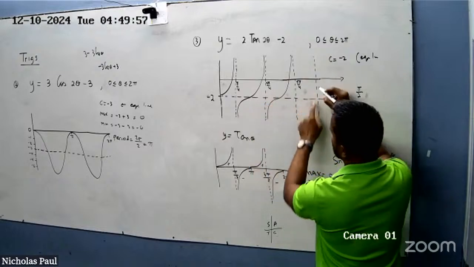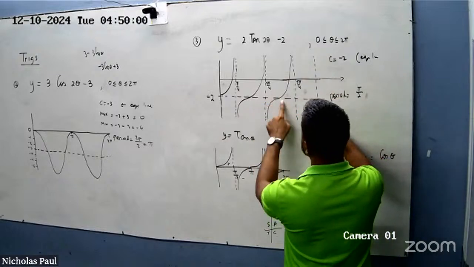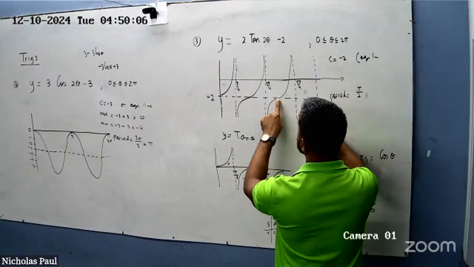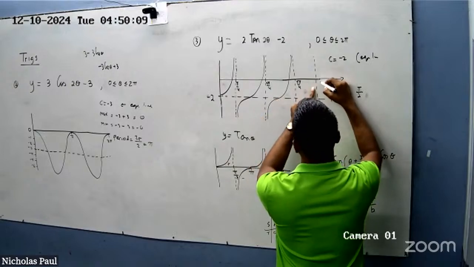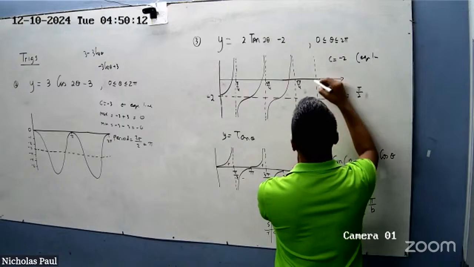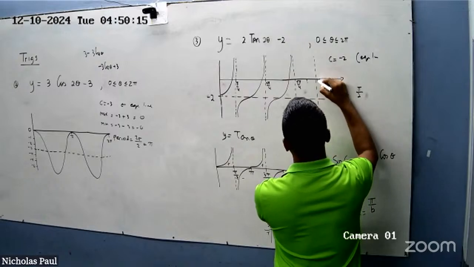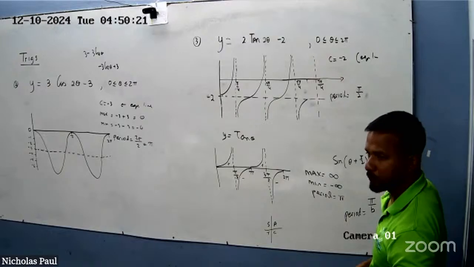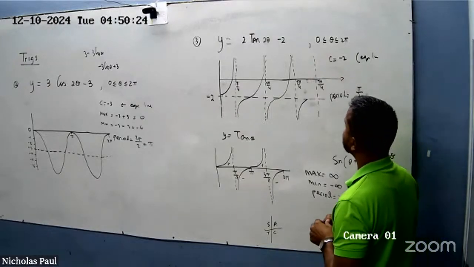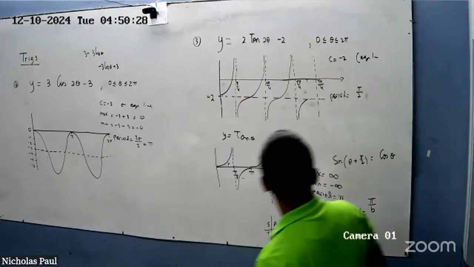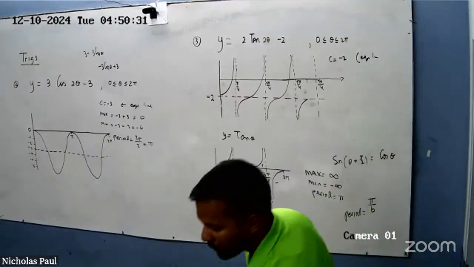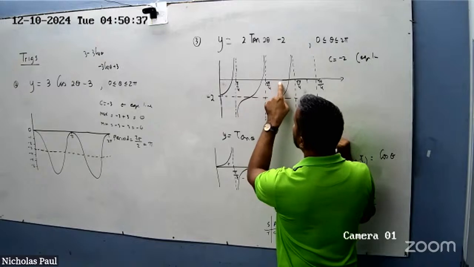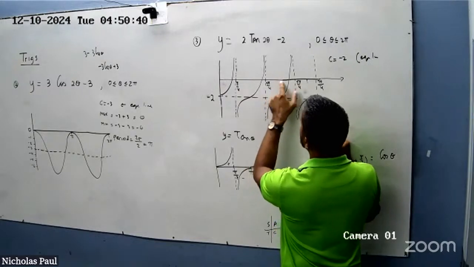And then I will stop the graph here. So pi on 4, 3 pi on 4, 5 pi on 4.